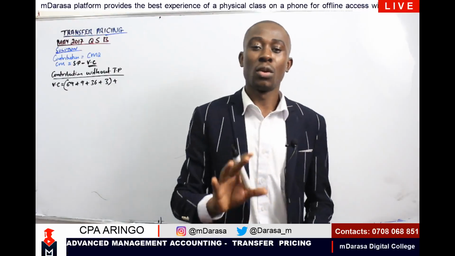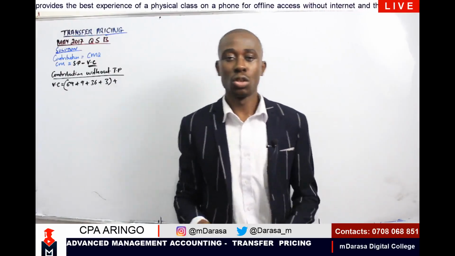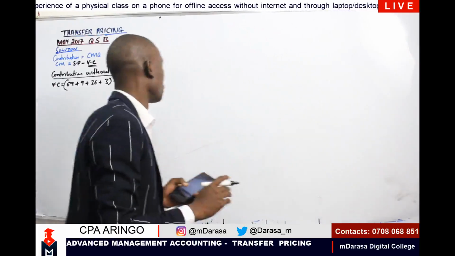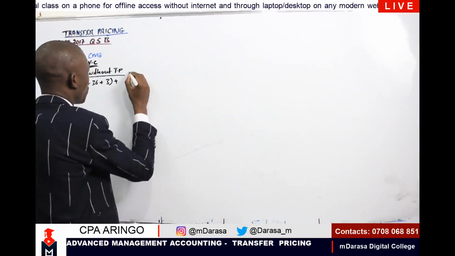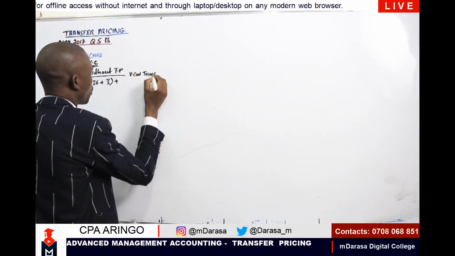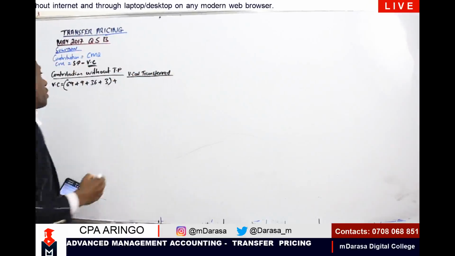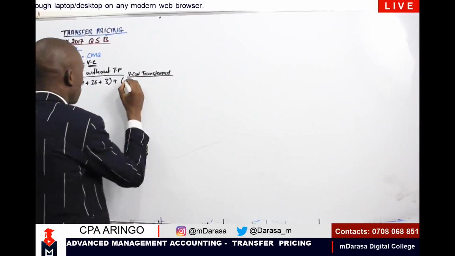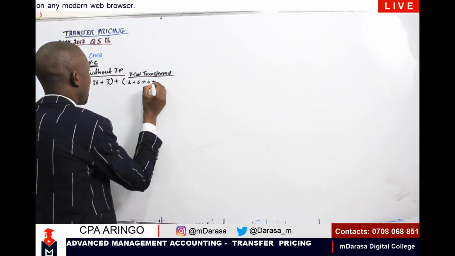So in this case, we consider the variable costs incurred by the supplying division, which we had what? We had direct materials, which was 12. So this is the supplying variable cost transferred. Variable cost transferred from the supplying division, we have it as 12 plus 6 plus 6 plus 6.